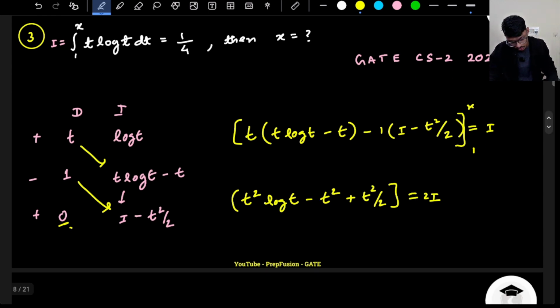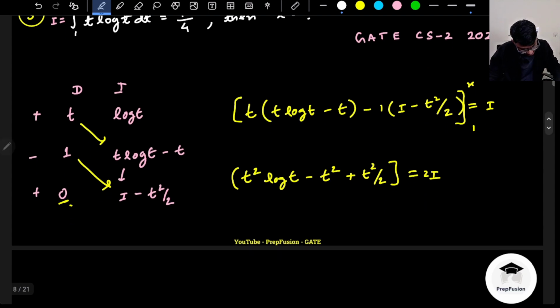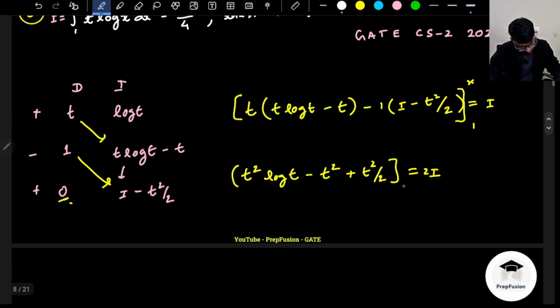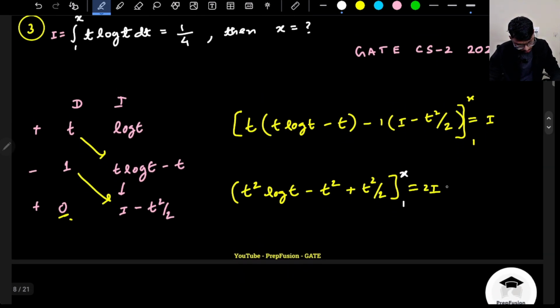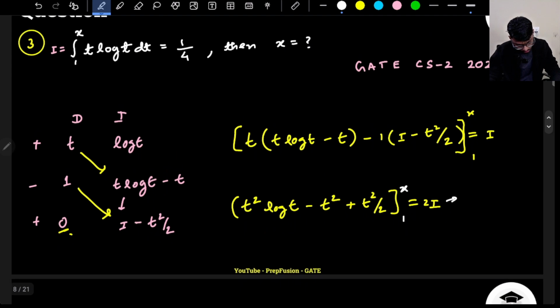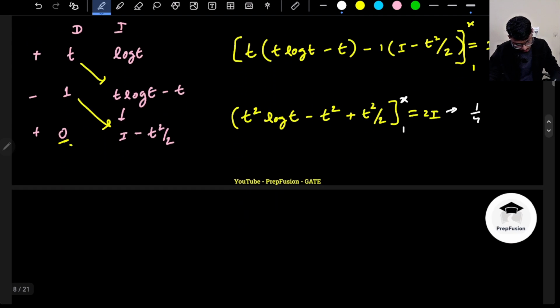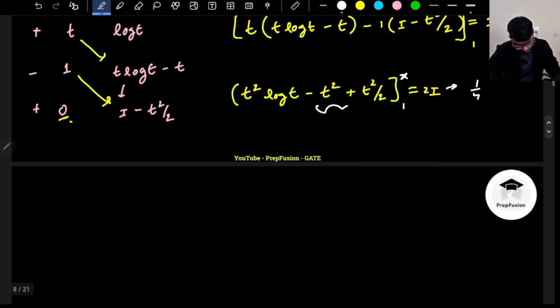Next, obviously the t value will be replaced from 1 to x. I have to find out the value of x, right? So I is what? I is 1 by 4. So this becomes minus t square by 2, t square log of t, from 1 to x.